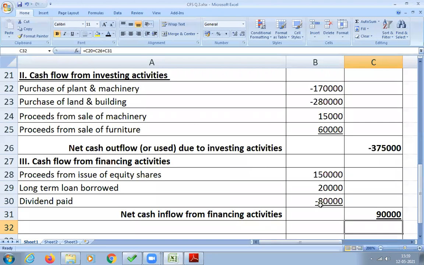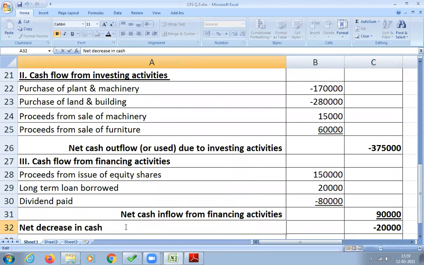We can write it as net increase or decrease in cash and cash equivalent.